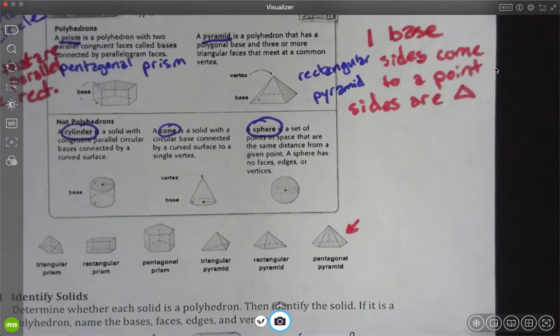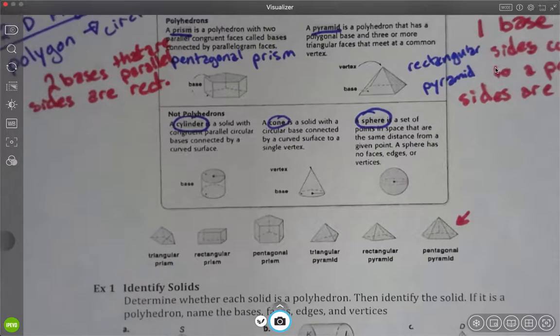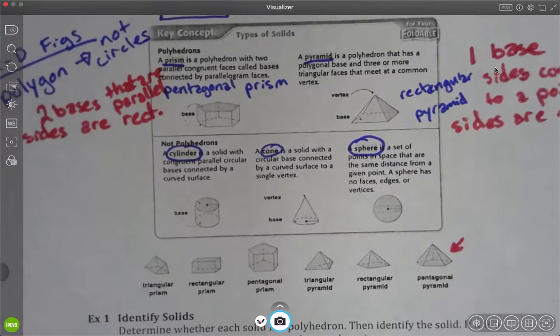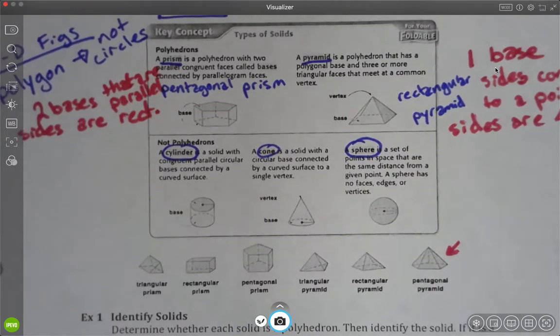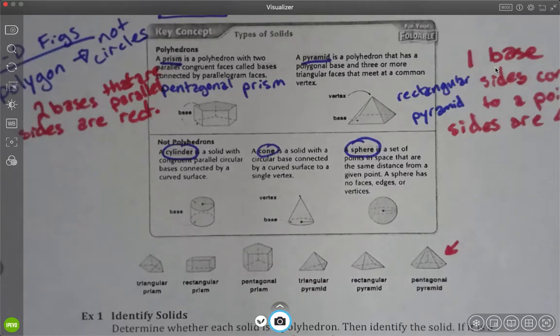All right, so cylinder, cone, sphere, bases, pyramids, prisms, all that good stuff. If you're watching this video, sorry, you don't get to have the fun, but whatever. You need to separate these shapes out. Put all of the non-polyhedrons in this category.